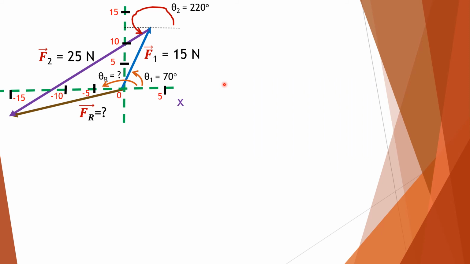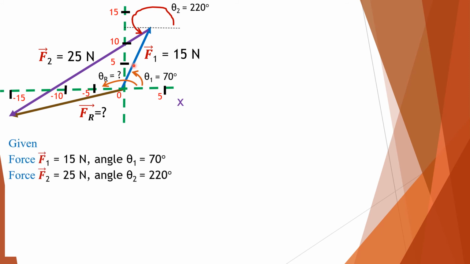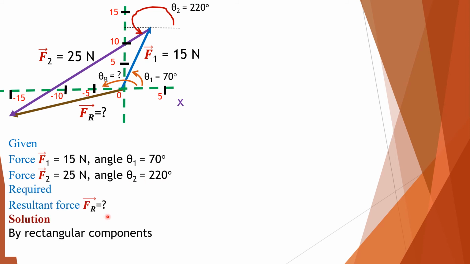Given force F1 is equals to 15 Newton, angle theta 1 is equals to 70 degree. Force F2 is equals to 25 Newton and angle theta 2 is equals to 220 degree. We have to calculate resultant force Fr. Solution. By rectangular components, we know that resultant force Fr is equals to Frx, that is component of resultant force Fr along x-axis, plus Fry, that is component of resultant vector Fr along y-axis.